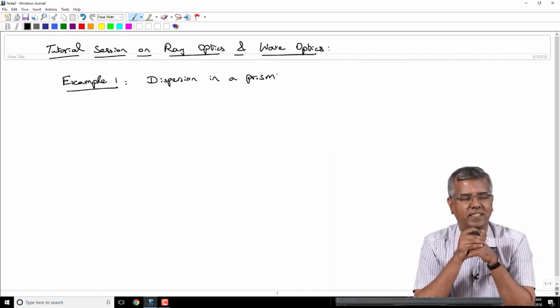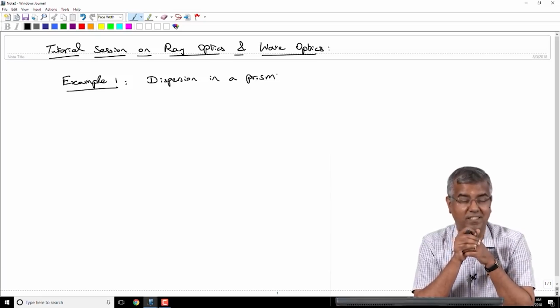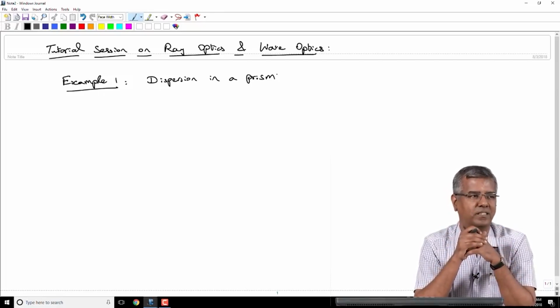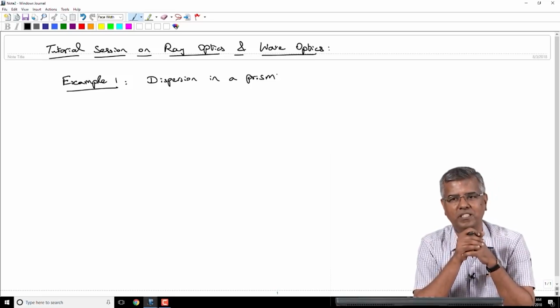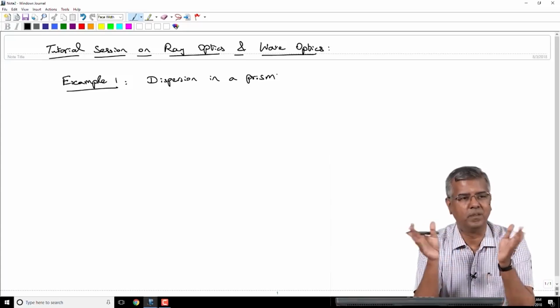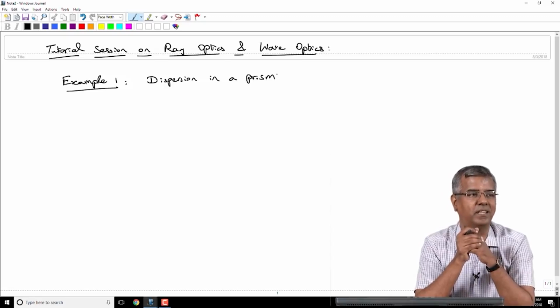Spreading of pulses. Well, that's again something that we have not talked about. Maybe we will come back to that a little later, but that's the effect. There is a more fundamental physical process which can represent dispersion. So yes, spreading of colors, basically discriminating different colors.